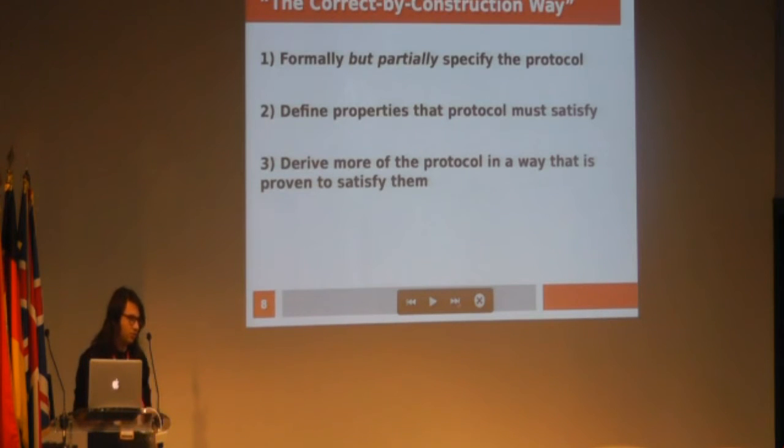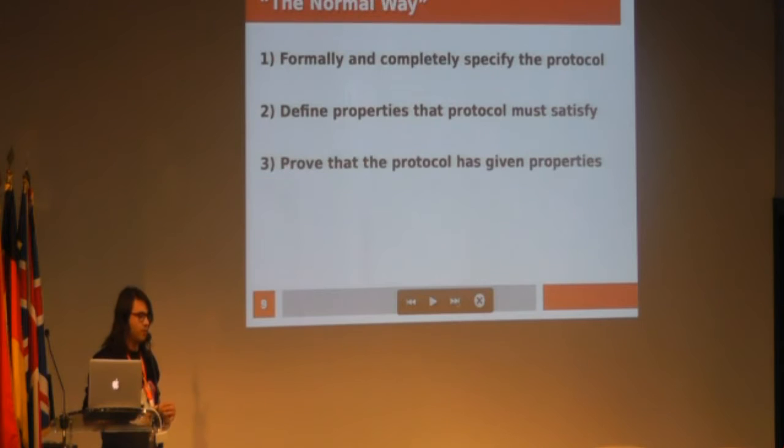In the correct by construction approach, it's a little different in that we're not going to fully specify the protocol. We're only going to specify the protocol part of the way, and then we're going to define the properties that we want, and then we derive the rest of the protocol in order to guarantee that the properties we said we wanted are going to be satisfied by that protocol. So in the normal way, you have to completely specify the protocol, and then prove the safety or whatever properties you want for your protocol.